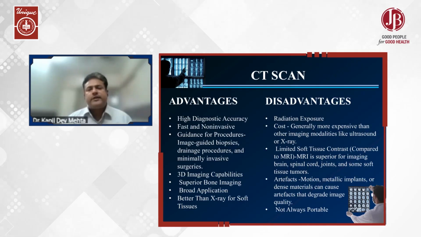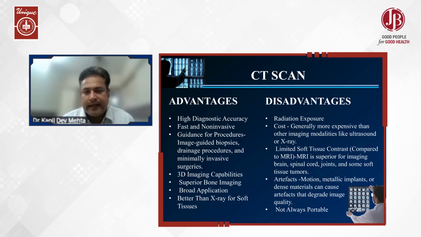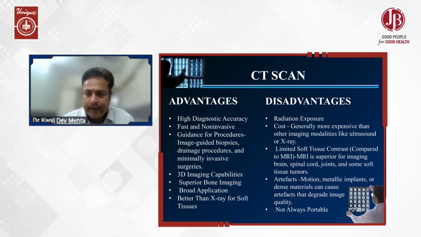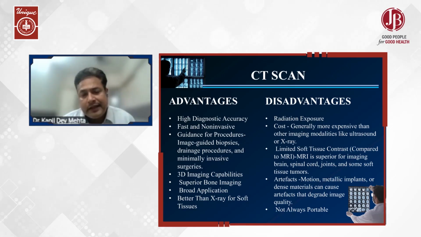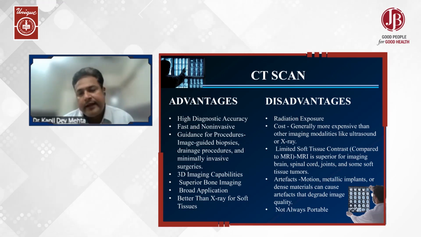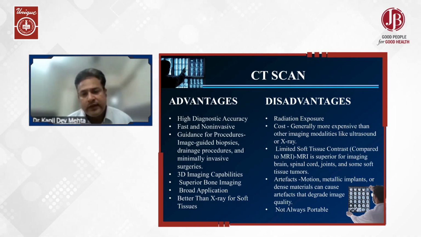The advantages of CT scan: we know that it has more diagnostic accuracy as compared to X-rays, and it has really helped a lot of diseases to be diagnosed earlier and better. The major disadvantage of CT scan is the radiation exposure, because these are powerful radiations.